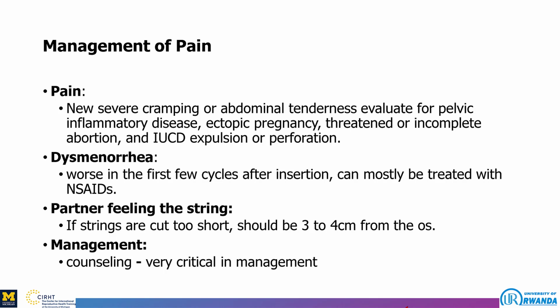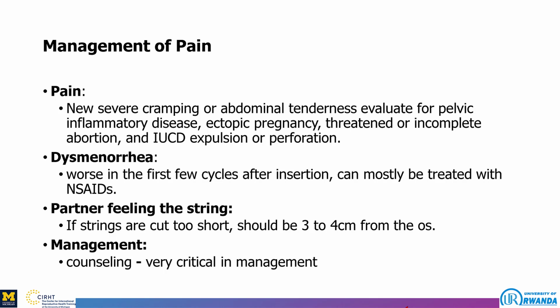Sometimes also the pain may be related to dysmenorrhea, and if we suspect that the pain is due to dysmenorrhea, then we treat by using non-steroidal anti-inflammatory drugs like ibuprofen, for example, as prescribed. Or the patient should be encouraged to see her doctor in order to be given an appropriate anti-inflammatory drug.